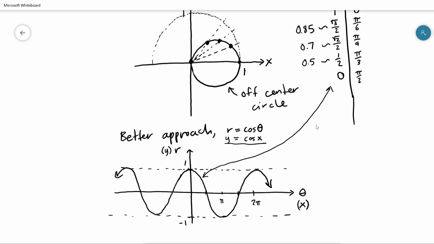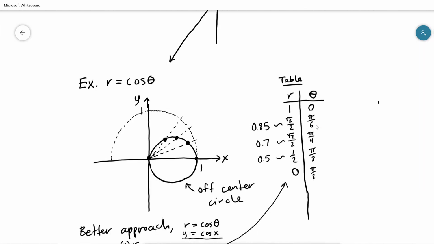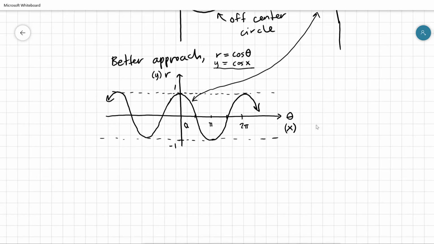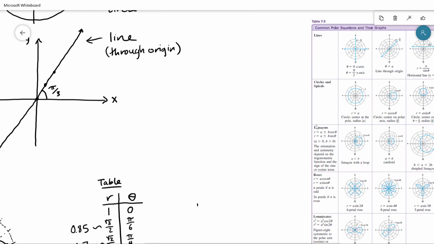So if you want to think about it, here's our quadrant 1 region, here's our quadrant 2 region, as we split between these things. I need to actually undo that.